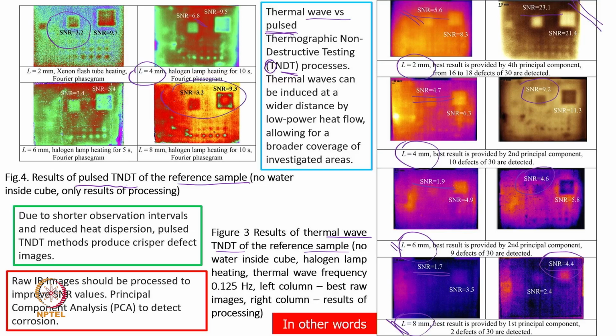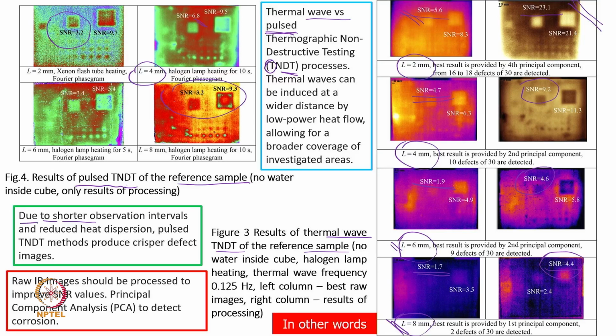And then what they try to conclude is that if we give pulse thermal waves, that is, not continuous, then the pulse mode will give better results as such. Now, that has been mentioned here: due to the shorter observation interval, because there is a pulse we are sending, we are sending the temperature or heat to the object, and then we are closing it.